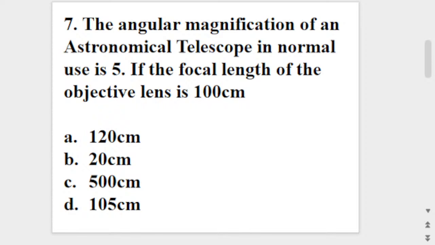Whenever a telescope is in normal use or in normal adjustment, the final image will always be formed at infinity. Once again, when an astronomical telescope is in normal adjustment, the final image will be formed at infinity. Let's take note of that. Now let's move on to the next slide.